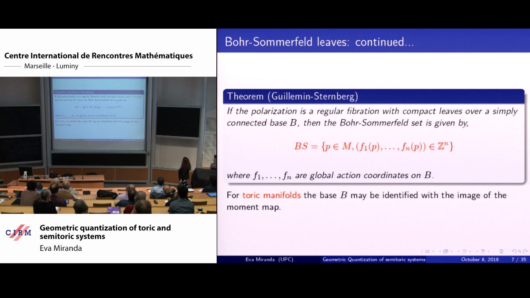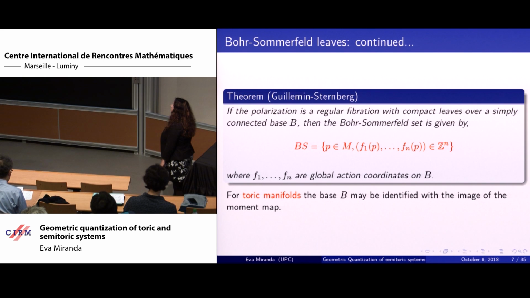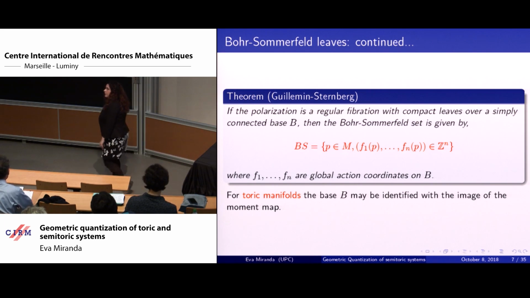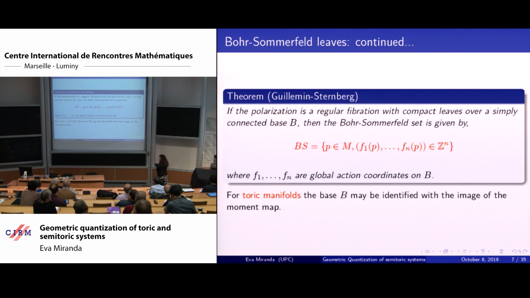Then the Bohr-Sommerfeld set is just given by the integer values of the map defined by the global action coordinates. In a way, if I consider an integrable system, it's defined by the integral values of F1 to Fn, whenever I have already taken action coordinates, if I assume that F1 to Fn are action coordinates.